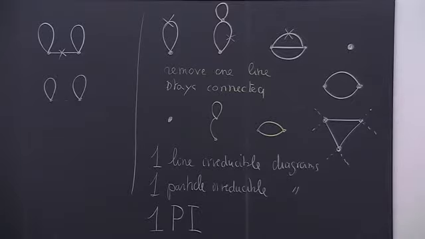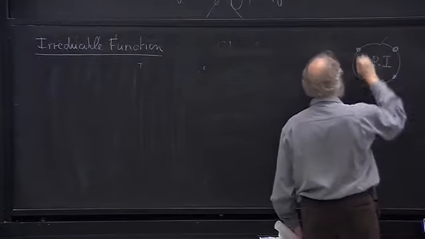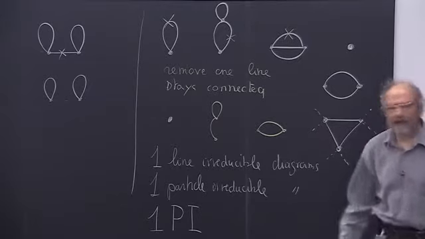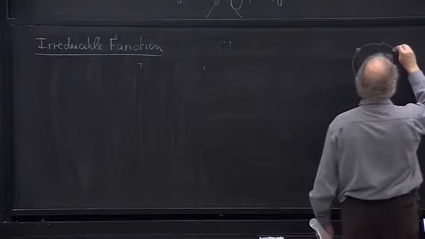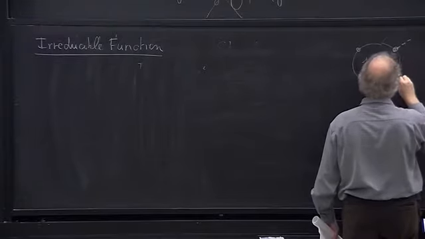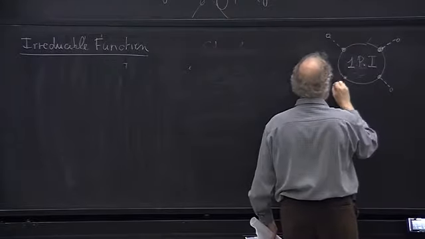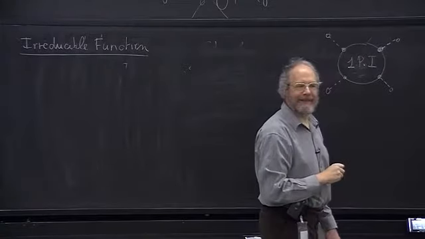So you must think of an irreducible diagram as a Feynman diagram that appears in the phi-4 theory, but with some external legs which are outside, you see.